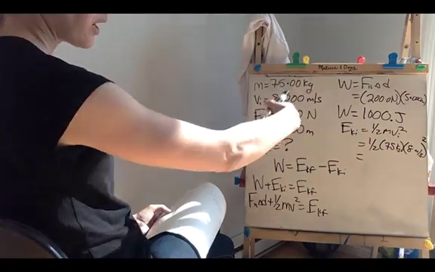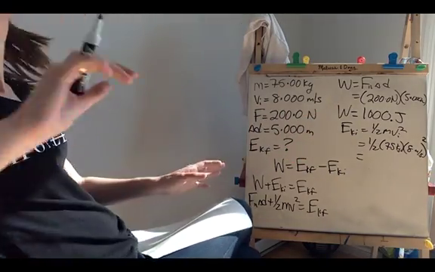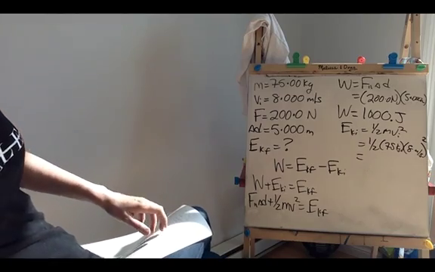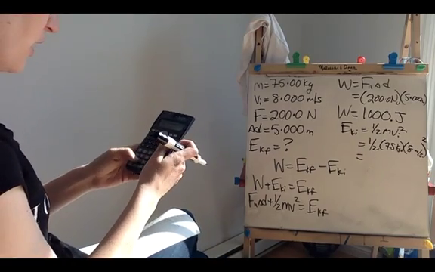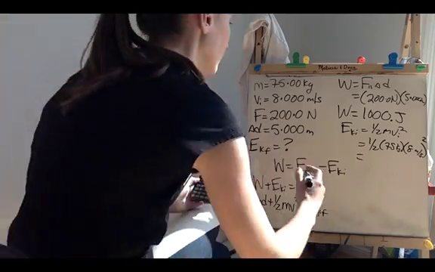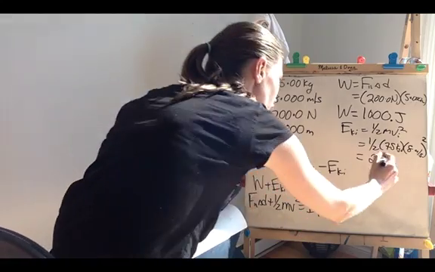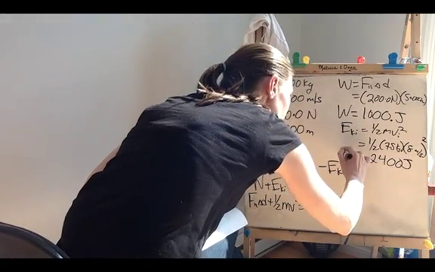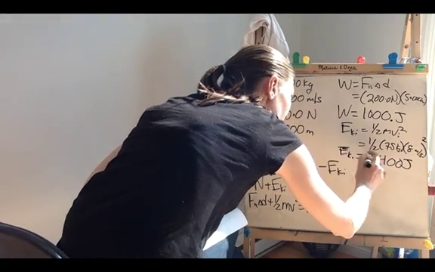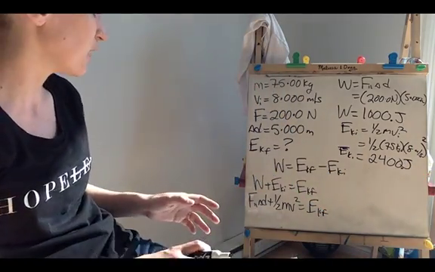If you do that, 0.5 times 75 times 8 squared, you get a value of 2,400 joules. I put the decimal there to show that we get all 4 sig figs.